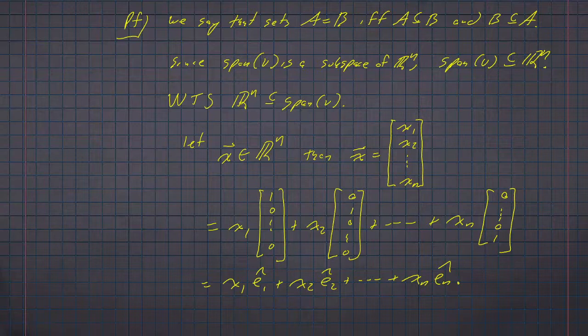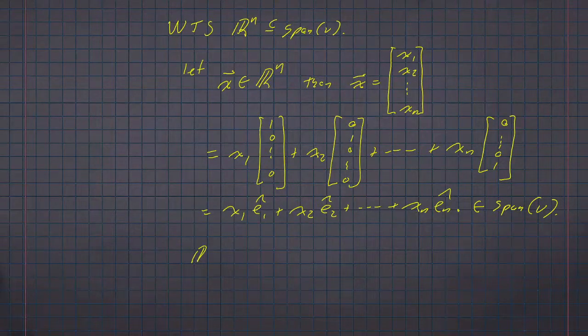Picking any vector in Rn, we can write it as a linear combination of the unit vectors e1 through to en. The span of V is defined as the linear combinations of e1 through to en. And since any arbitrary element of Rn is also an element of the span of V, that means that Rn must be a subset of span V.